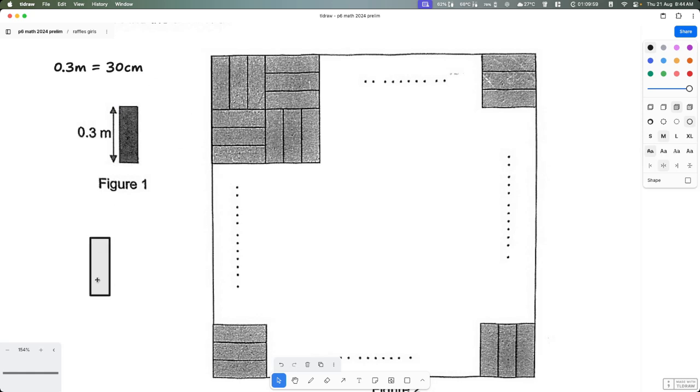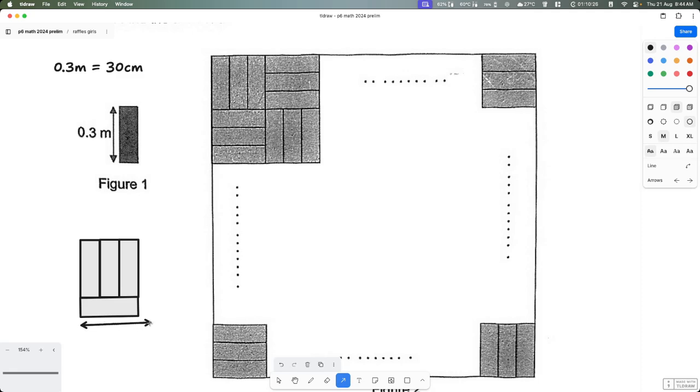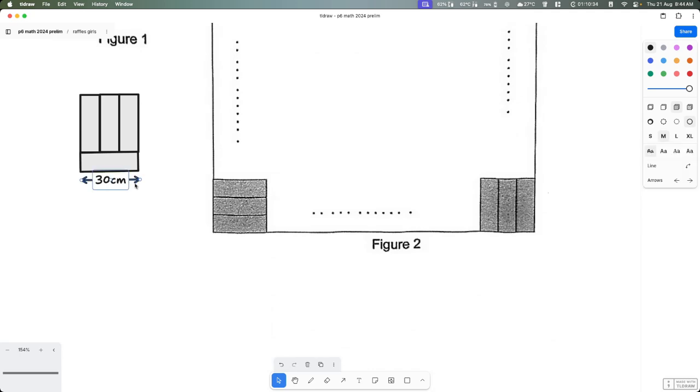If I were to just draw it like this, they're not really aligned, but this actually also is aligned like this. So that means this whole thing is 30 centimeters.